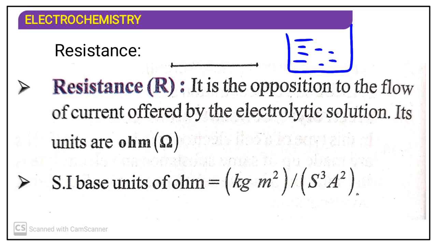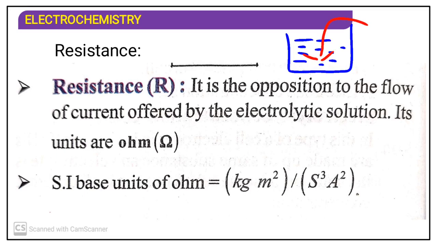When current flows through this electrolytic solution, the solution offers some opposition to the flowing electrons. That property is called resistance.